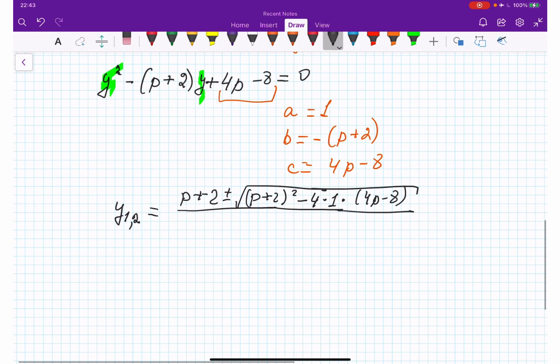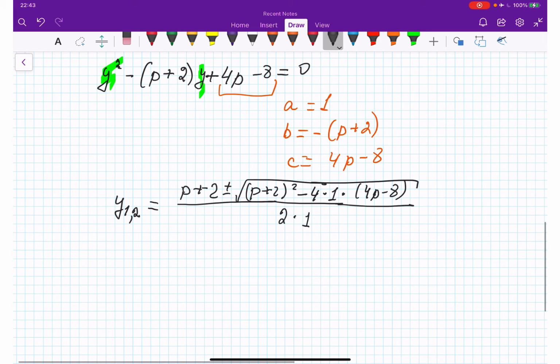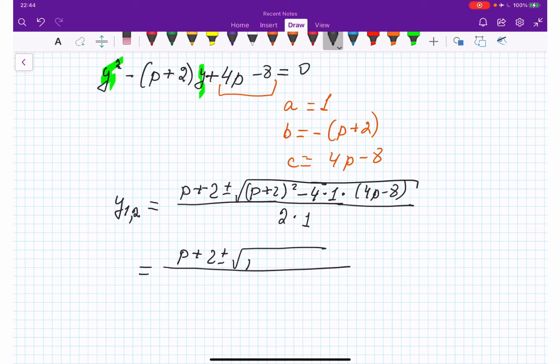And we divide it by 2a, 2 times 1. All right. From here, we are getting p plus 2 plus minus the square root of p squared plus 4p plus 4, a perfect square, right?